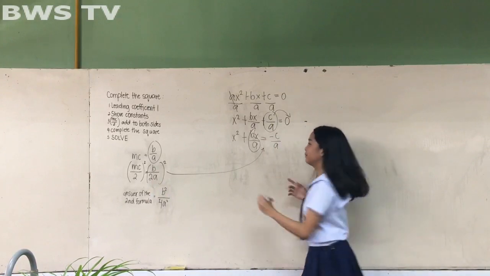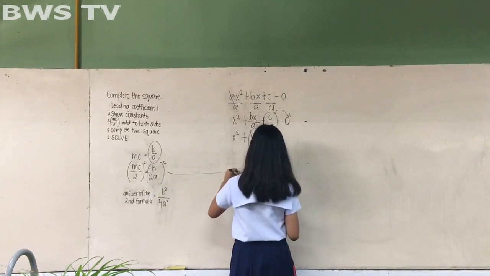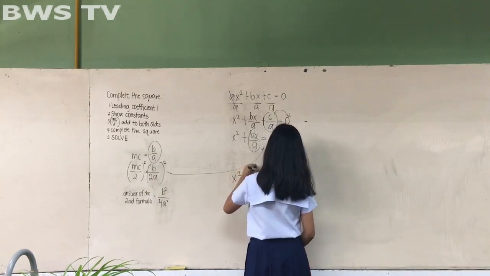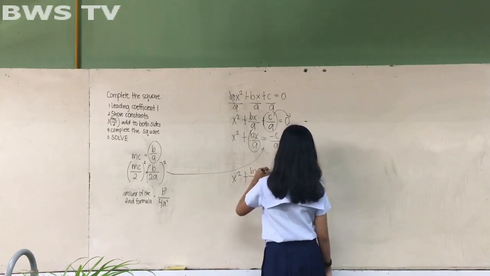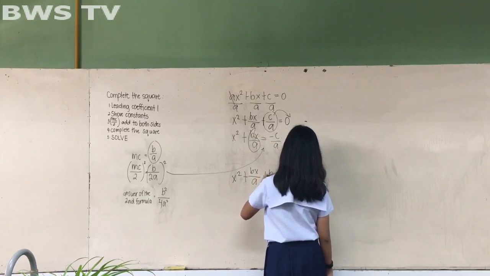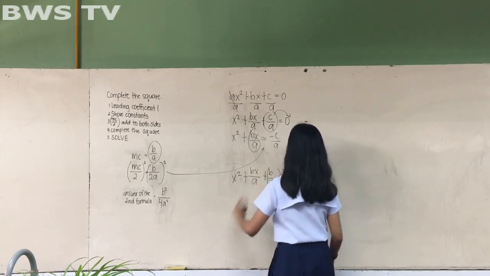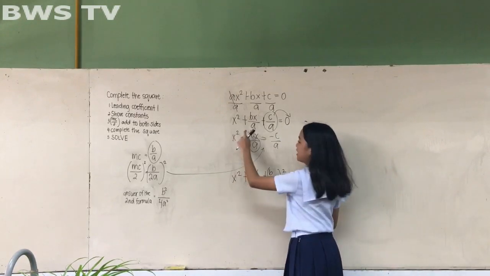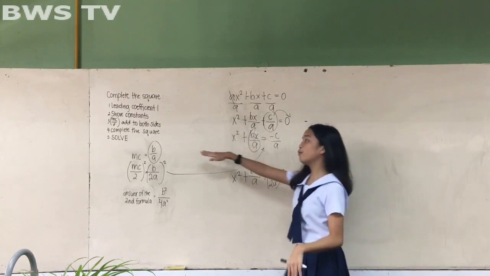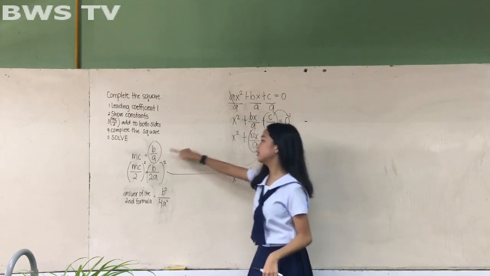And it will become x squared plus bx over a plus b over 2a squared. Why is it positive? It is positive because the sign is also positive, because we are basing this one on this one.